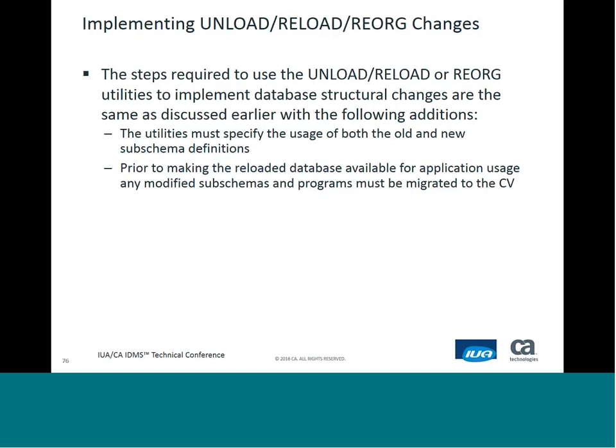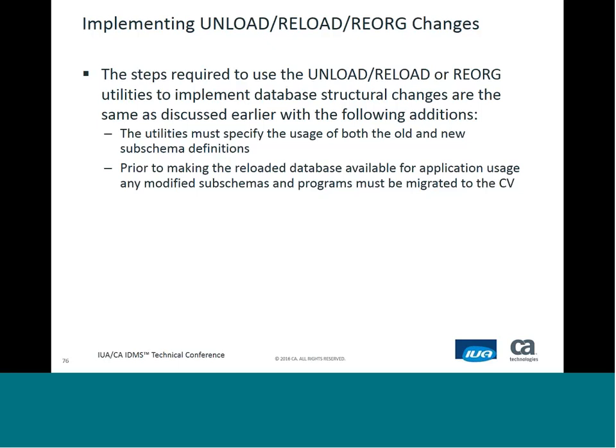But now we may be making some of these other changes, like moving records to a different area or changing characteristics of an index. Those are pieces of information that are carried forward into the runtime environment through the SubSchema. So these utilities must specify both an old and new SubSchema.